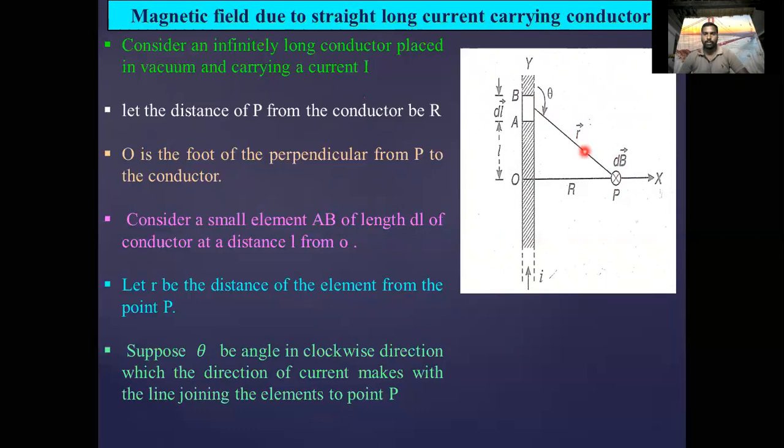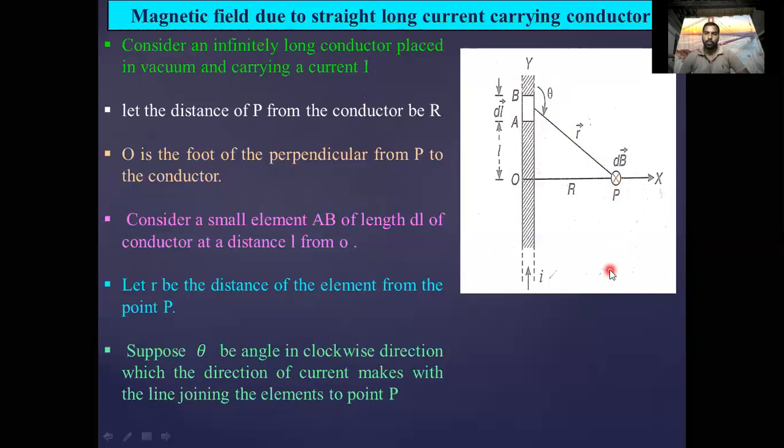Now suppose theta is the angle, in the clockwise direction, which the direction of the element makes with the line joining the element to P. This is theta, and this is the current-carrying conductor.